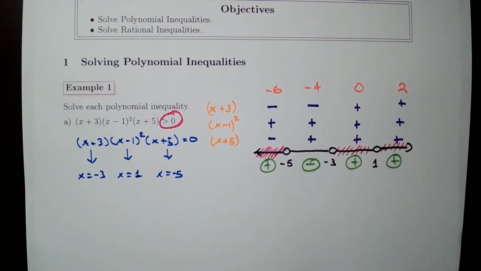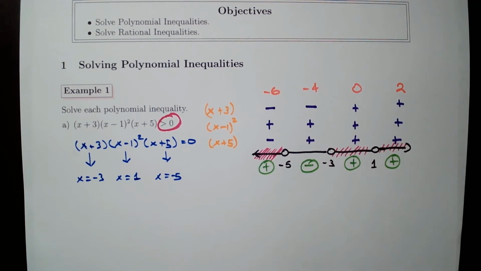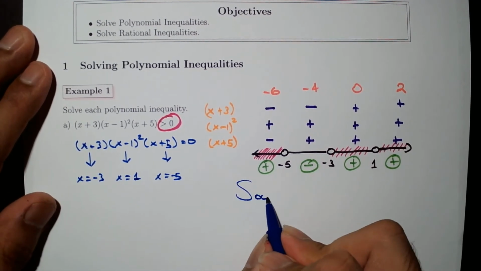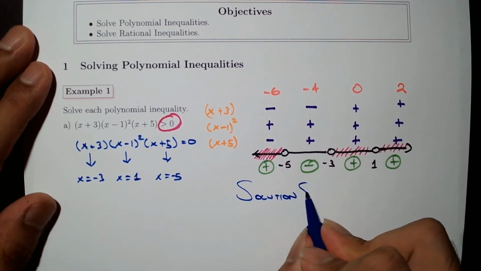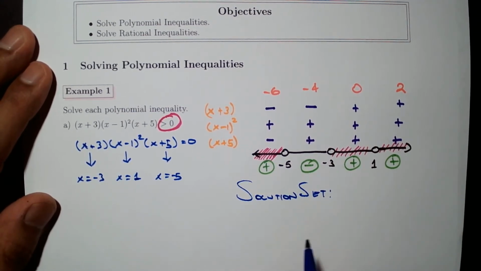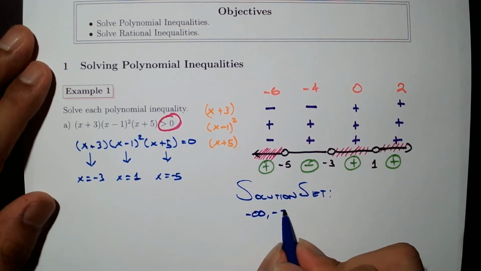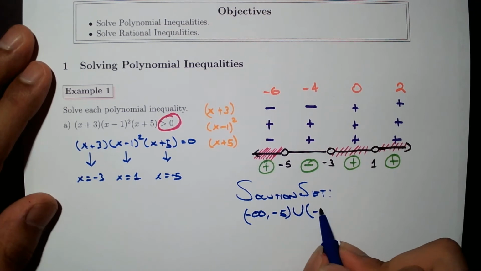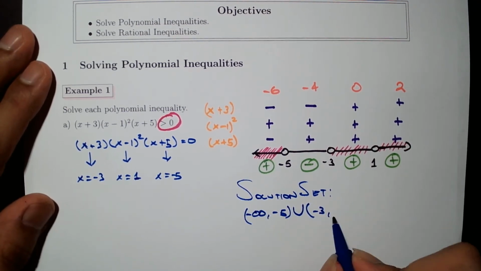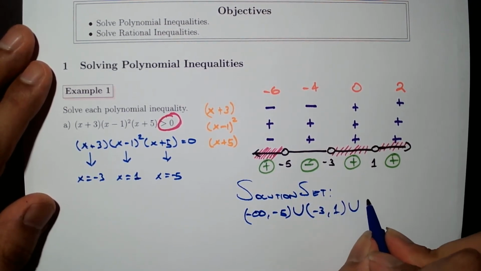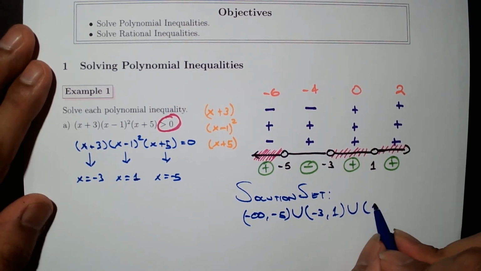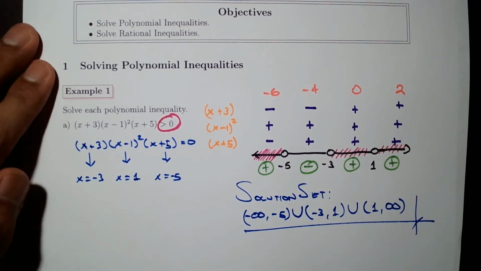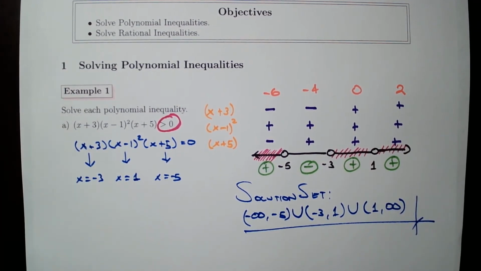Then I'm going to write this using interval notation. The solution set will be negative infinity to negative 5, union negative 3 to positive 1, union positive 1 to infinity. And that'll be an example.